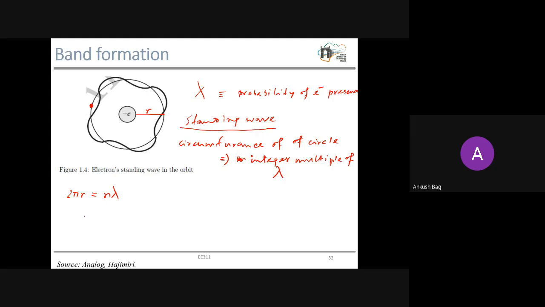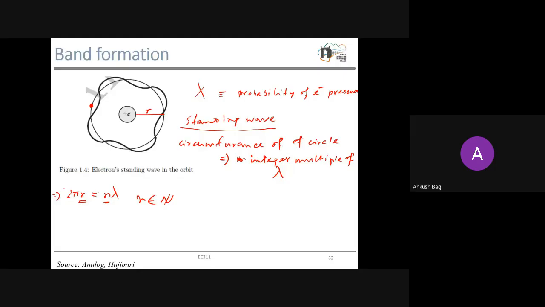And this is the radius r, which depends on the integer multiple n.